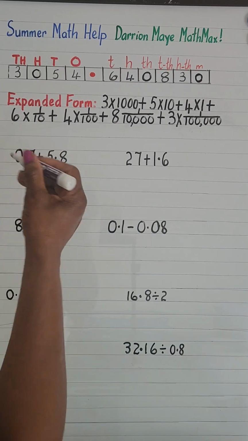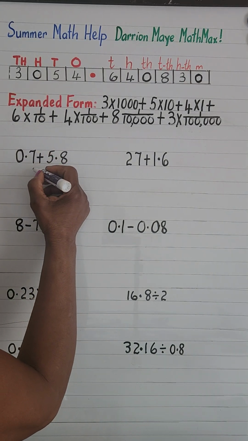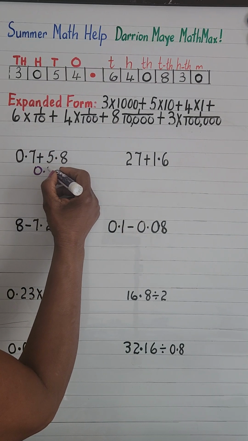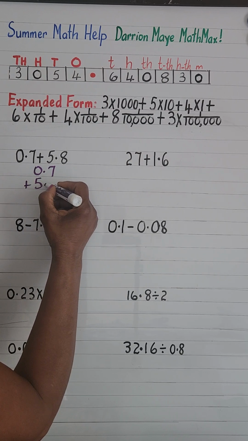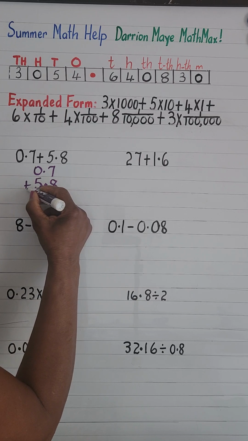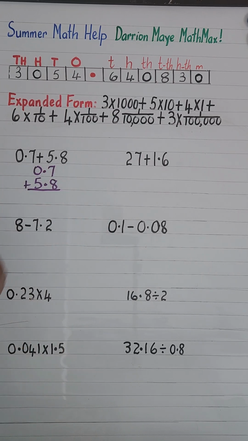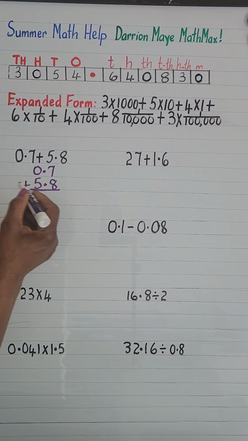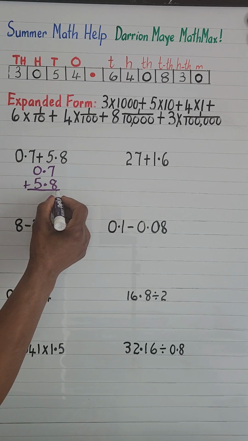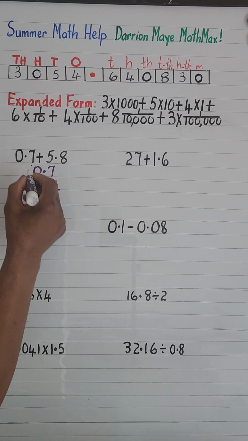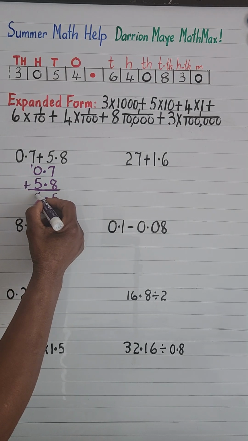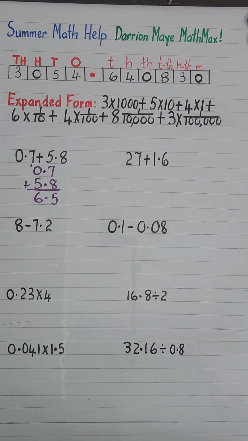So here we have 0.7 plus 5.8. And we line up the point, and now we add 7 plus 8, 15. 5 carry 1, and 5 plus 1, 6. So 0.7 plus 5.8 is equal to 6.5.